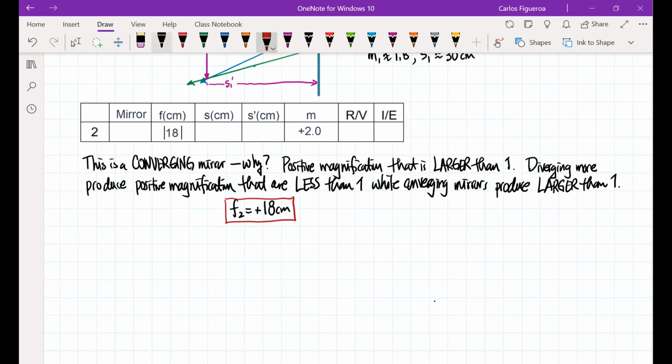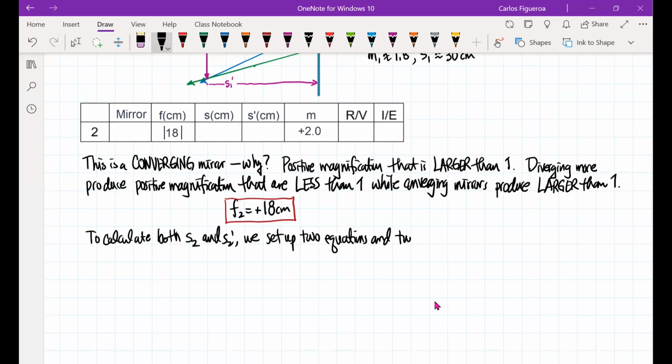So now what I'm going to do here is that you can see here is that I don't know S and I don't know S prime. So to calculate both S2 and S2 prime, we set up two equations and two unknowns.